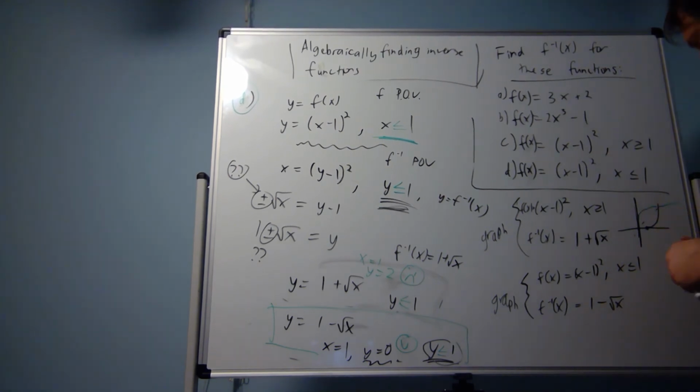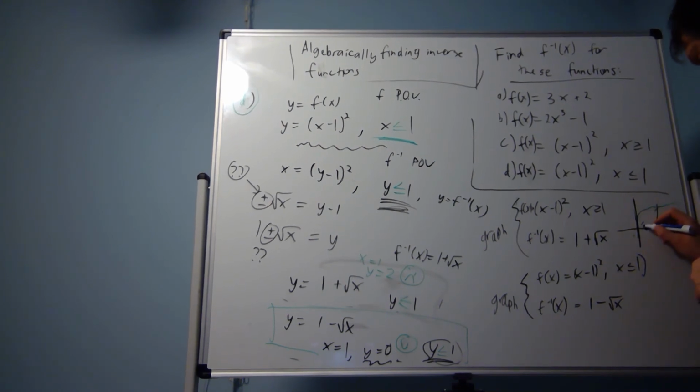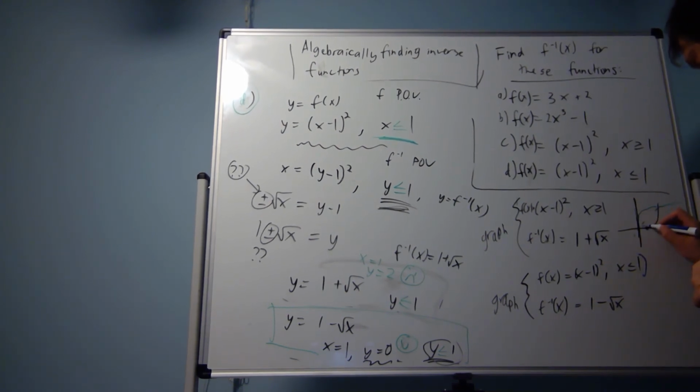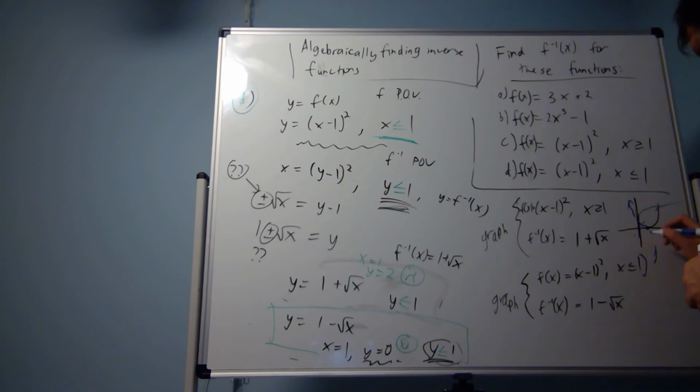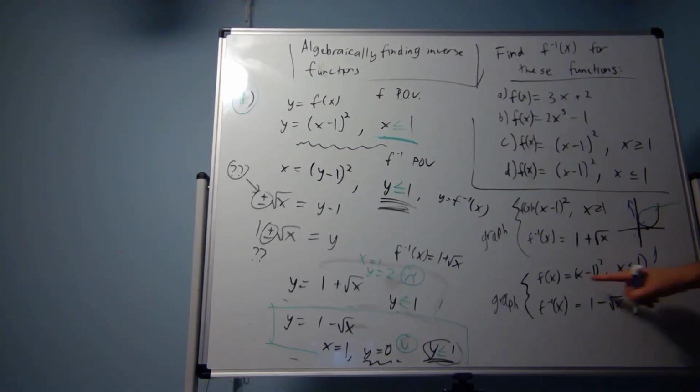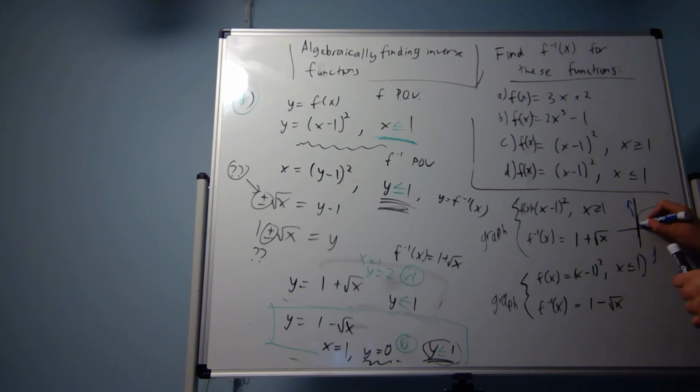And then the left half of the parabola, maybe I'll use blue and red for these. So this function in blue is if x is less than or equal to 1 and f of x is (x minus 1) squared, you get a blue parabola like this.